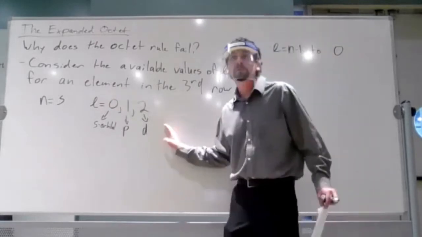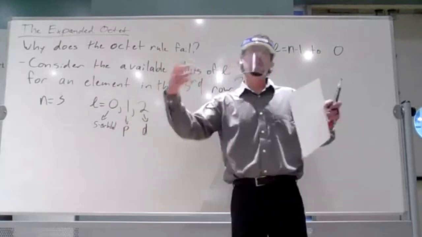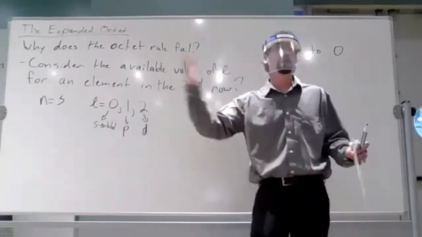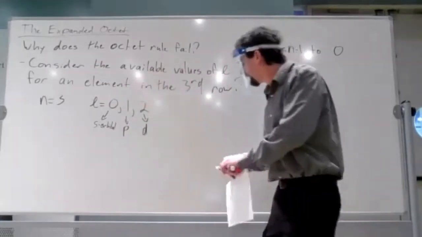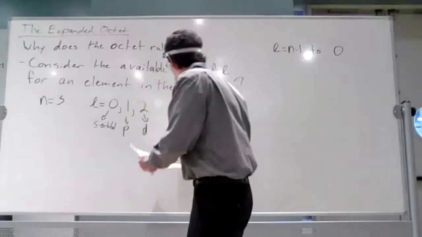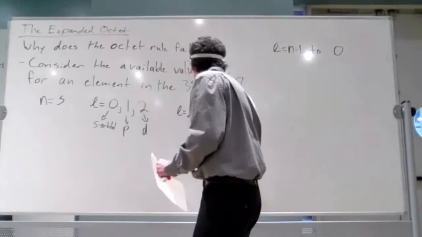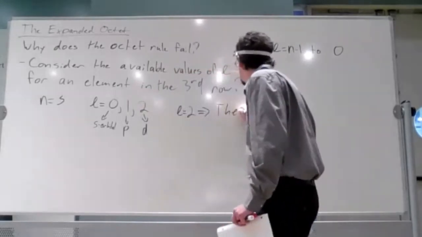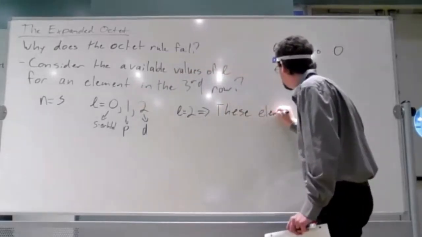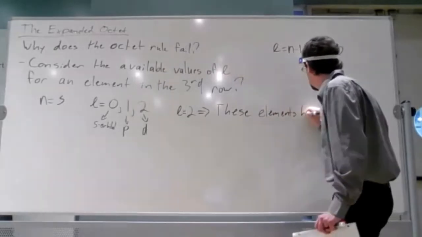So these guys do have d orbitals. They're empty though. They don't have enough electrons. They aren't occupied. But these third row elements do have d orbitals. So L is equal to 2. These elements have d orbitals.